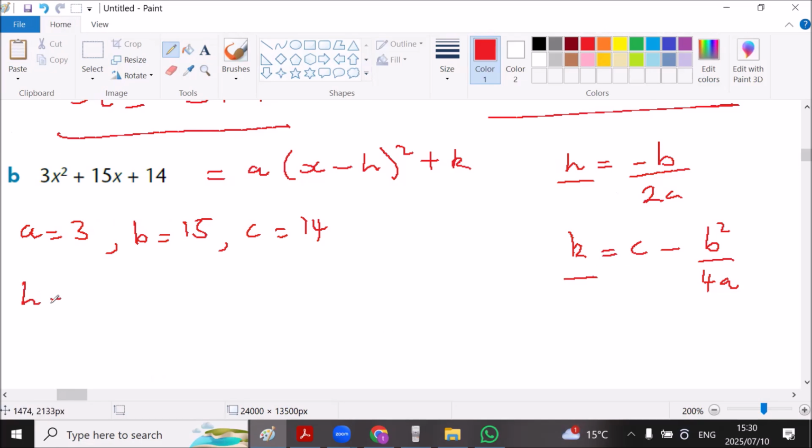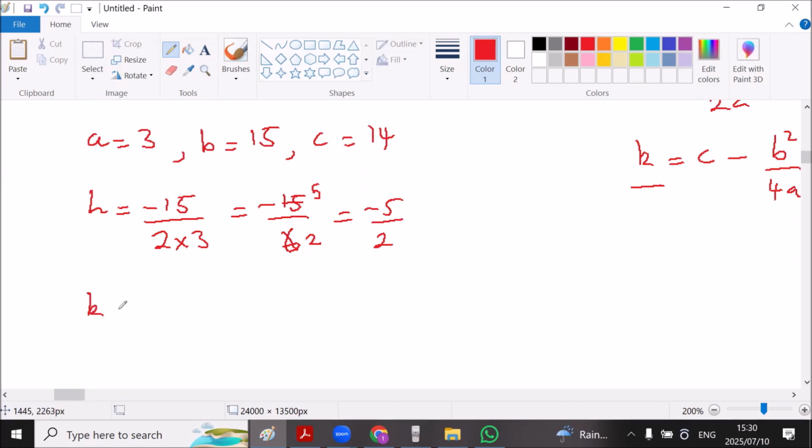For our h, we have minus 15 over 2 times 3, which is minus 15 over 6. In its lowest terms, 3 into 6, 2, 3 into 15, 5, which is minus 5 over 2.